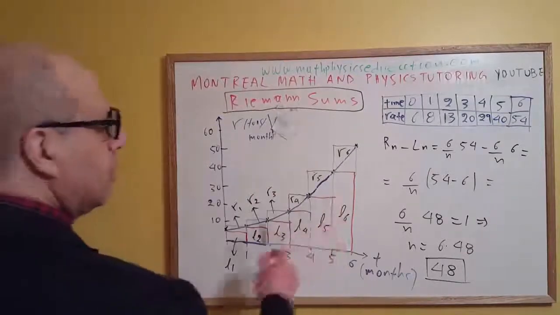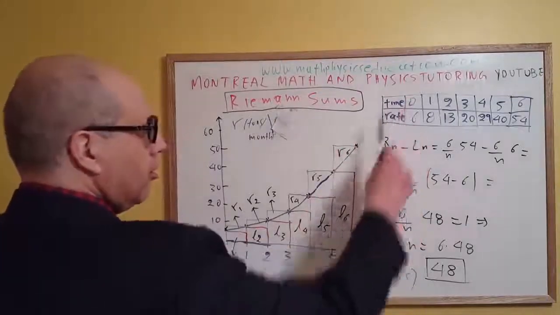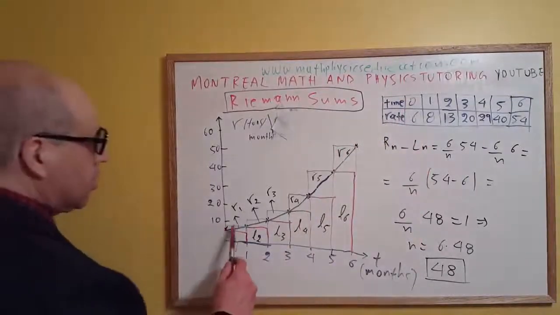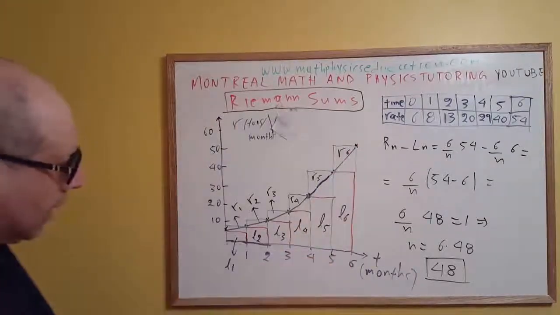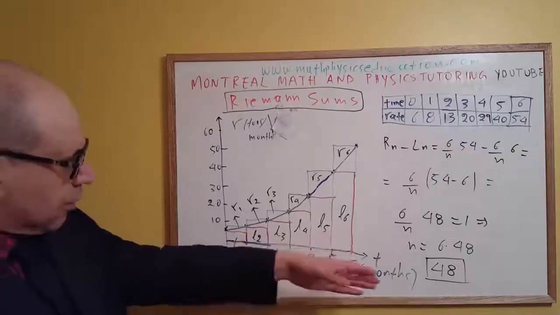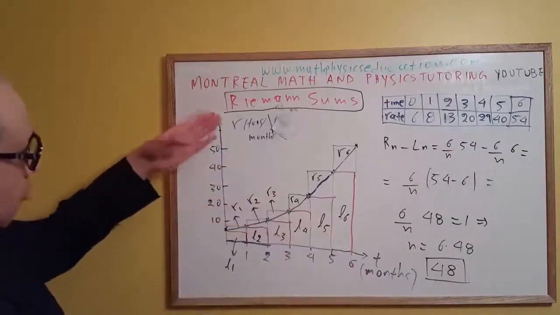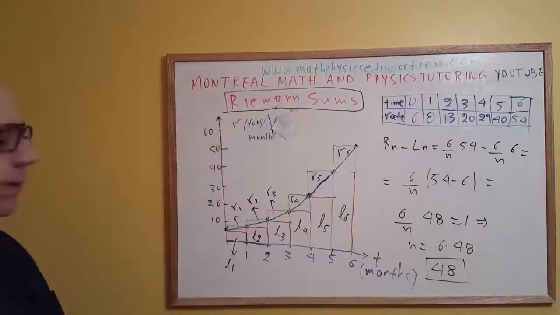So first of all, we do the graph of this table here, which is this blue line that you see. Here are the values of time in months, and here are the values of the rate, which is in tons per month.